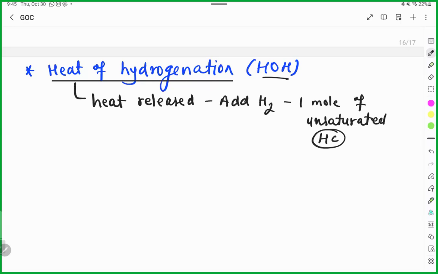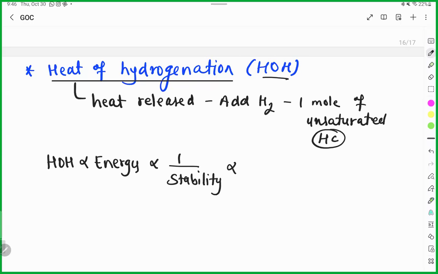Okay. How will it be decided? Heat of hydrogenation is basically energy, and you know, energy is inversely proportional to the stability. If the number of pi bonds is more, what will be the impact on the heat of hydrogenation? Increase.